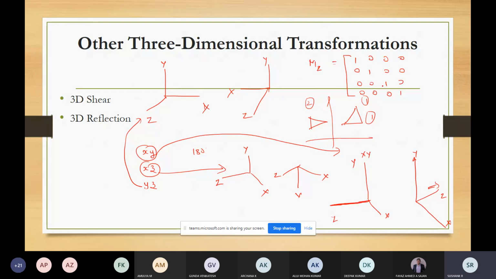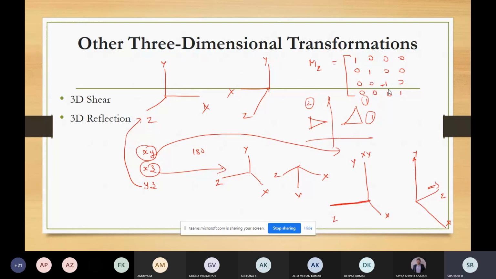The z will be the negative value. So this matrix will give me the z-axis reflection. This I have written for the z-axis. Now you can write it for x reflect and y reflect also. So this is regarding the 3D reflection.